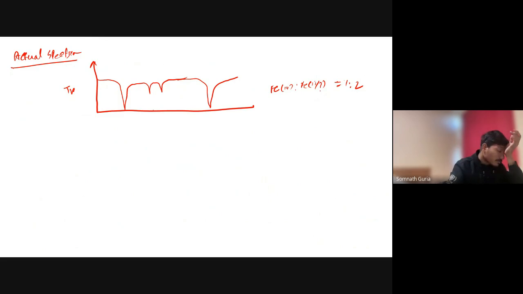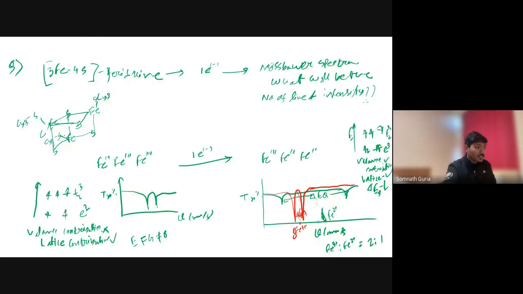Why is it so? Now, if you look closely into the structure, it is connected with sulfur. All the irons are connected with a bridging sulfur bond. Okay, if one iron takes one electron, it generates a mixed valence.